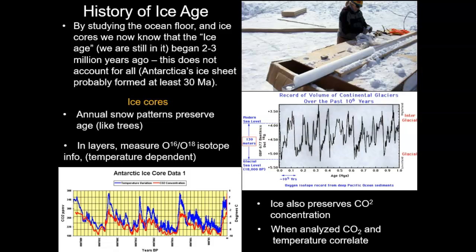So today we know that the Ice Age actually began about 2 to 3 million years ago, which means that most of these glacial stages identified before occurred during the Quaternary period, which started about 2.6 million years ago. And we are officially still within the Ice Age, as there are still glaciers on some of the Earth's landmasses.